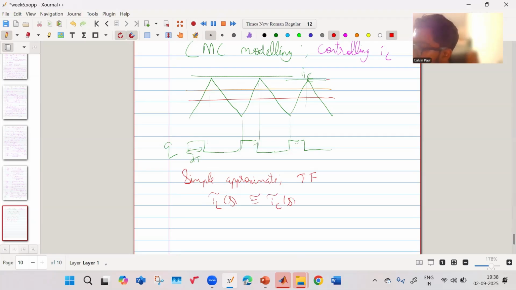So if this has to be true, that means this delta IL is assumed to be negligible. Then only this is true.